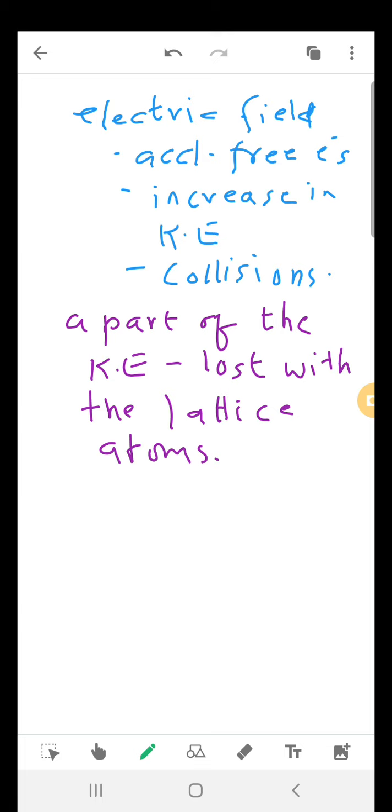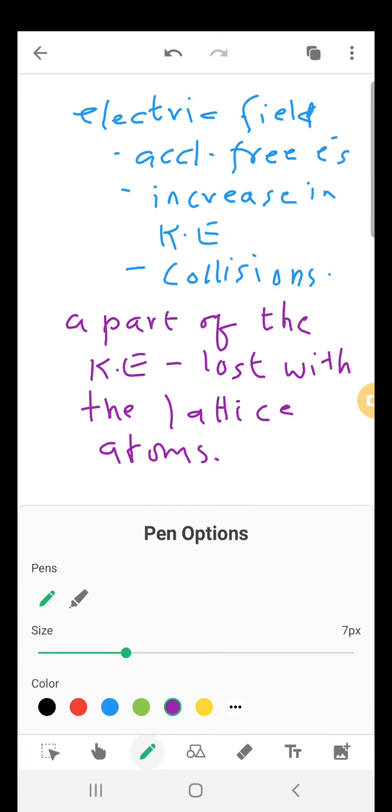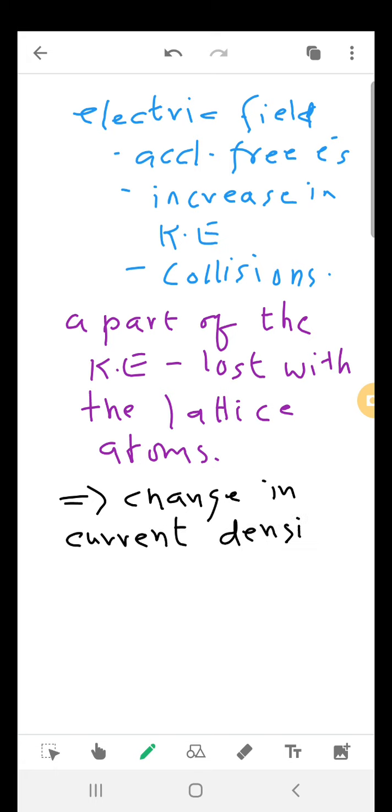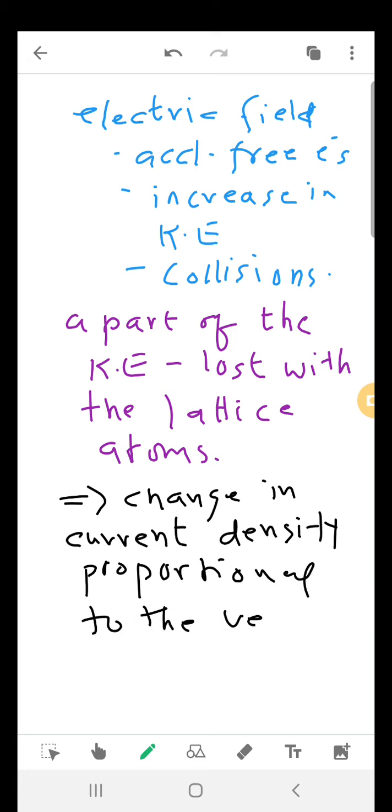This will lead to a change in the current density proportional to the velocity of the electrons.